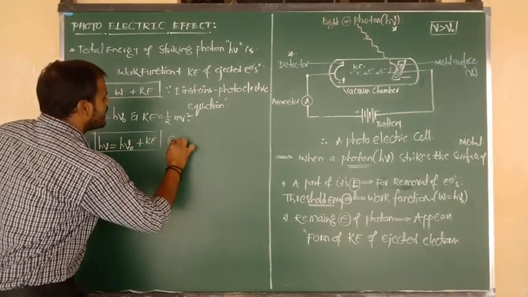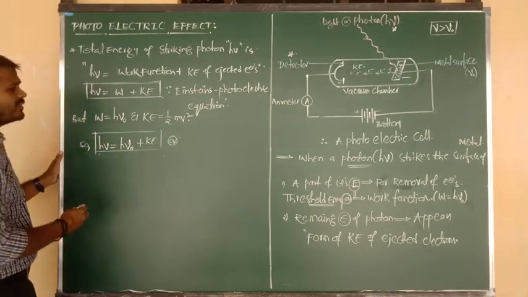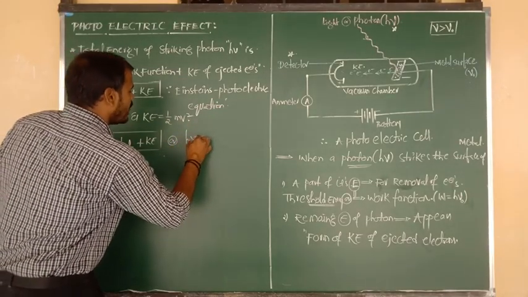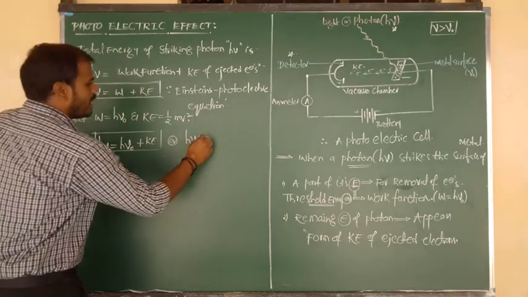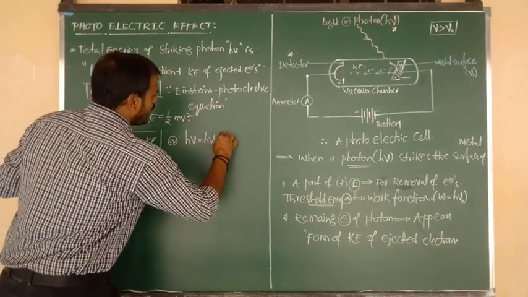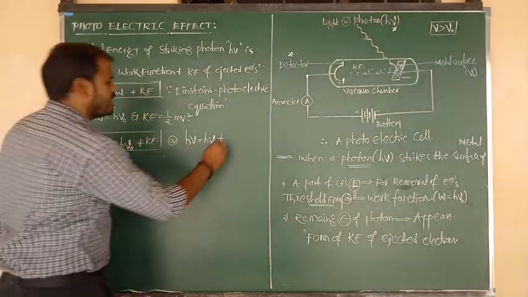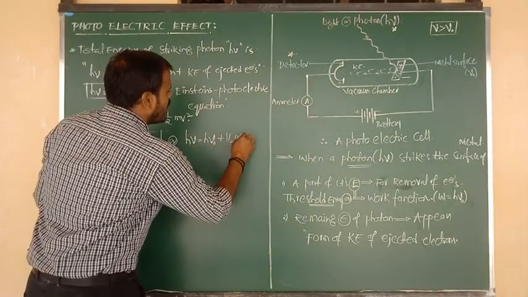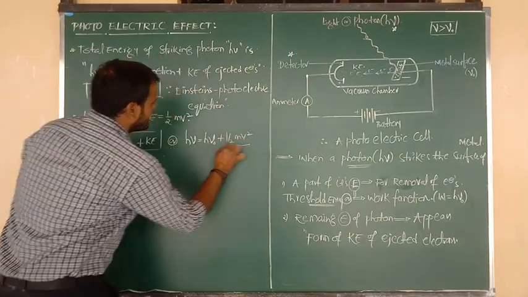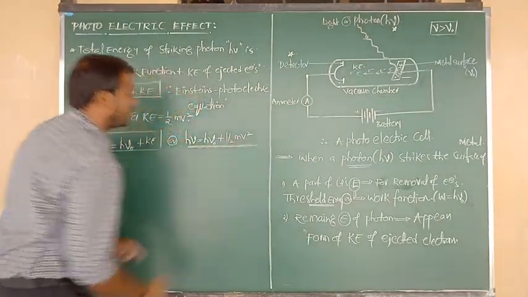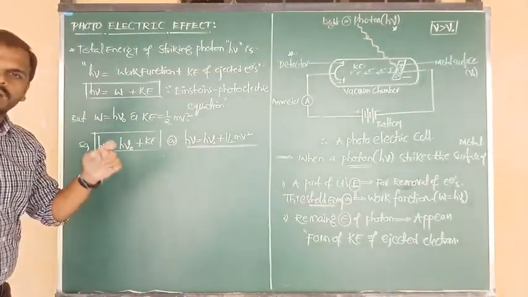And also we can modify this equation into another form. Total energy of the photon h nu equals h nu naught, the work function, plus, in the place of kinetic energy, its original form: h nu equals h nu naught plus half mv square.